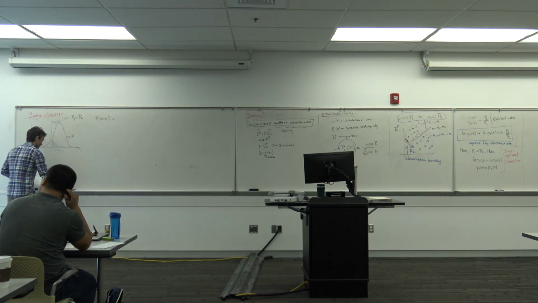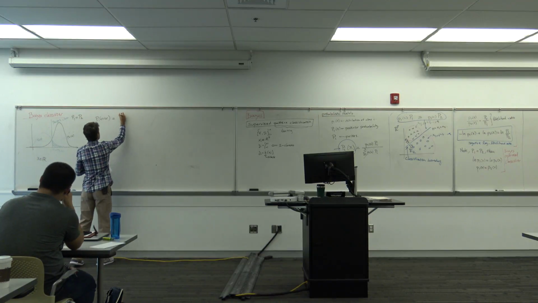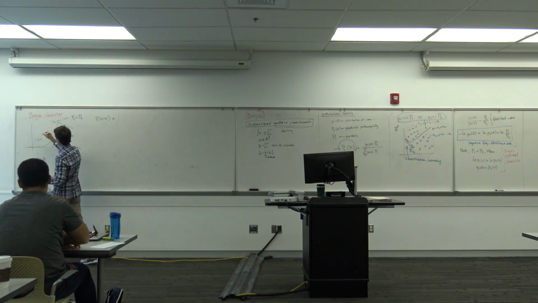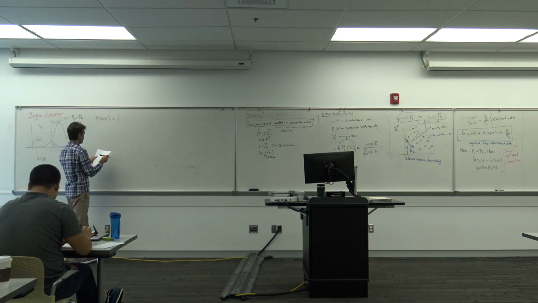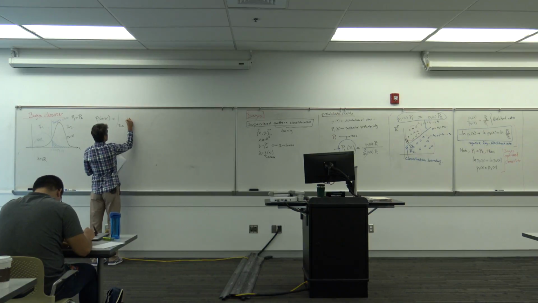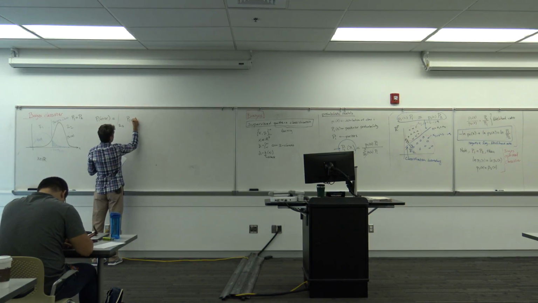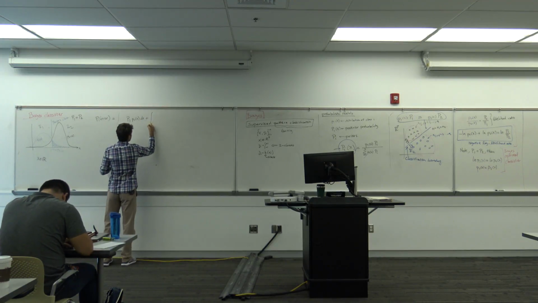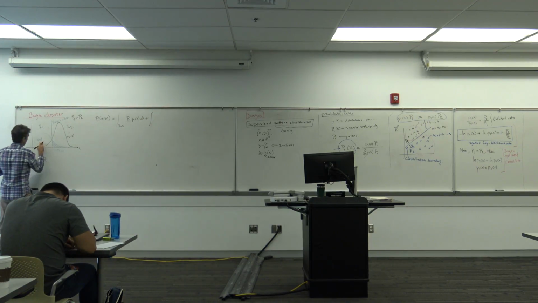So I'm going to write it down right here. I'm going to integrate. How did I call this before? R2 and this one R1, right? So I'm going to integrate over my region R2, capital P1, small p1 of x, differential of x. And I'm going to do the same for R1.